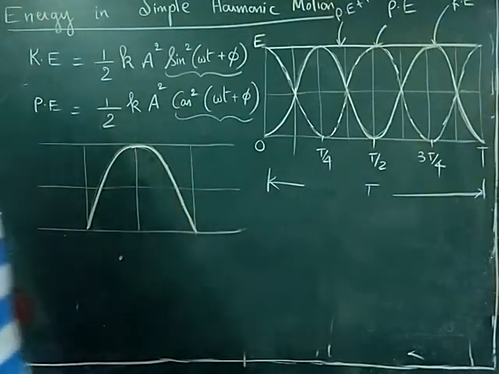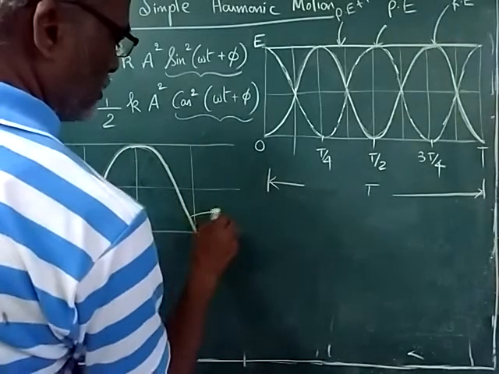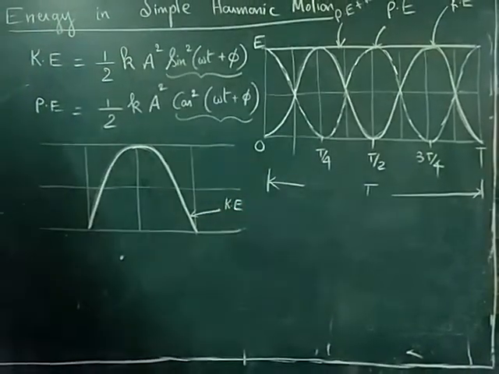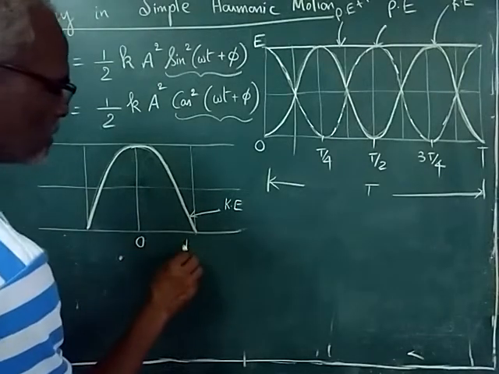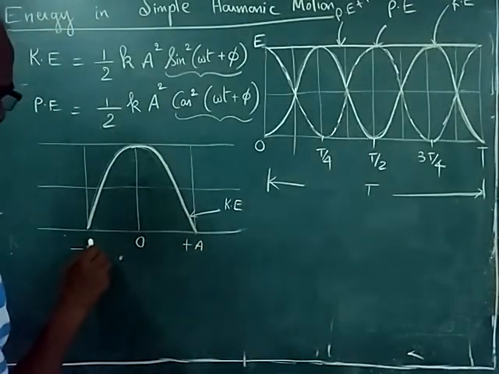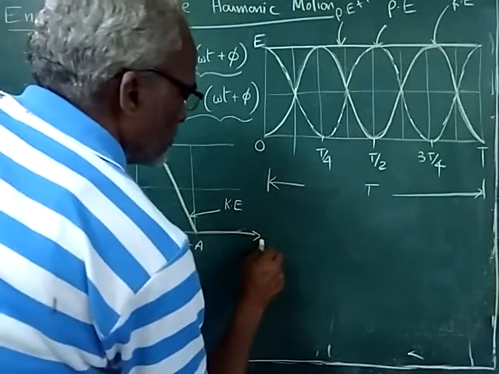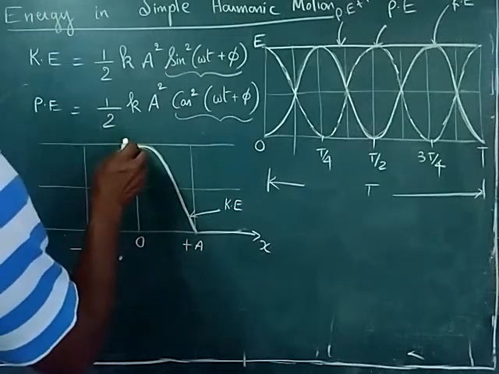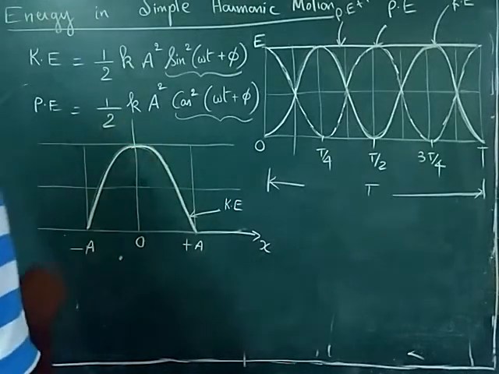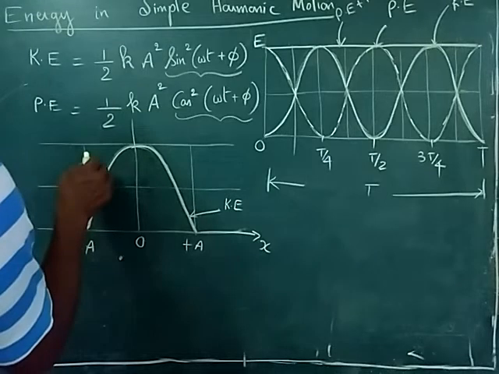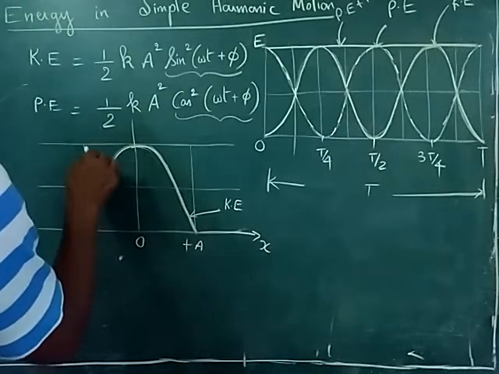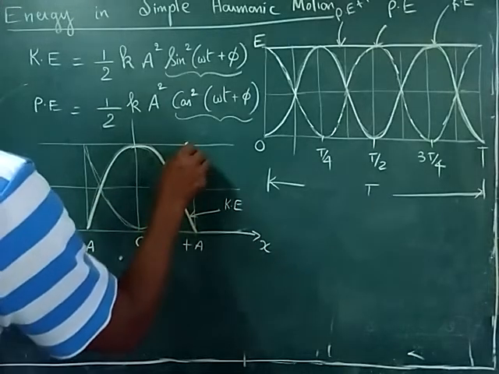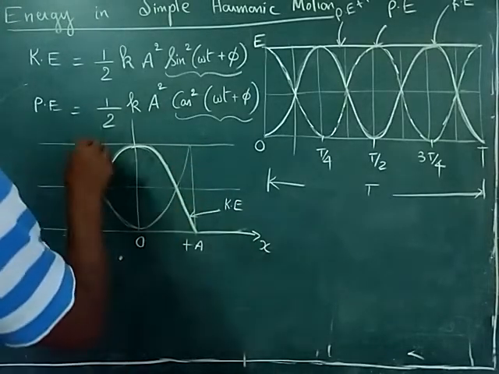So this waveform is kinetic energy. This is 0. This is plus A, minus A, and this is X displacement. Next we will draw the potential energy graph. That will go like this.